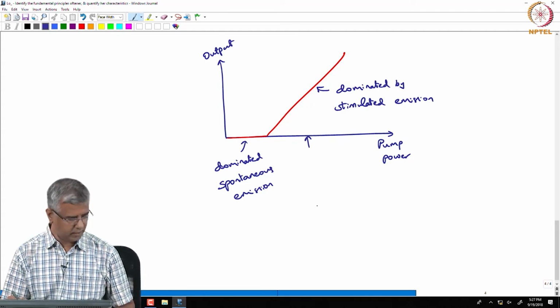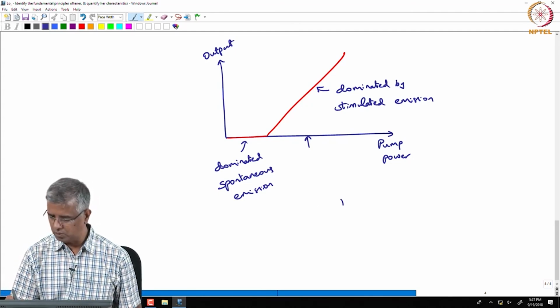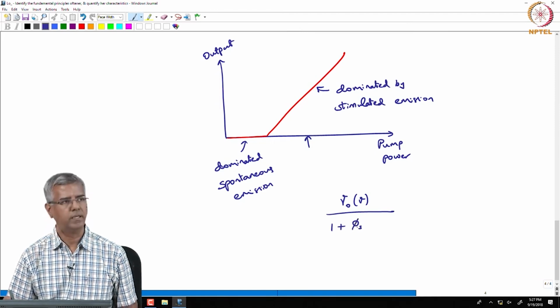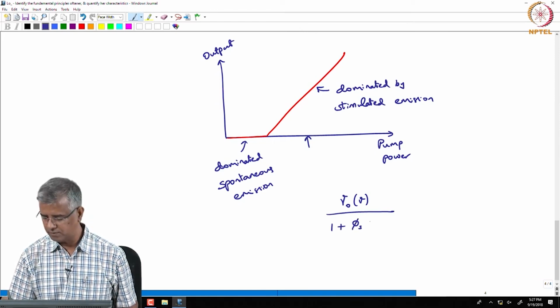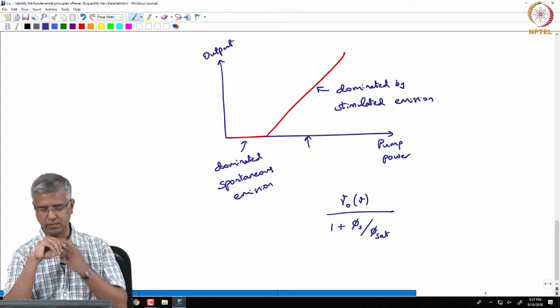Basically I would say that the actual gain would correspond to the small signal gain divided by 1 plus the signal flux divided by the saturation flux, right?